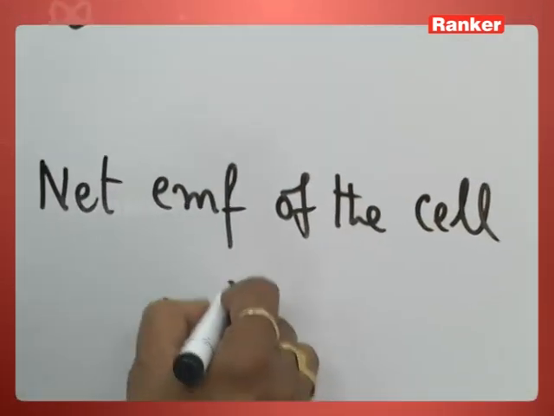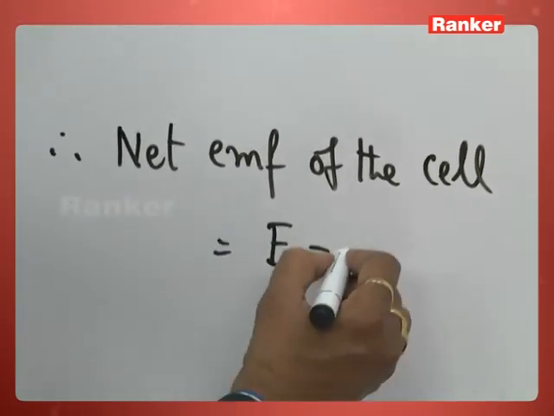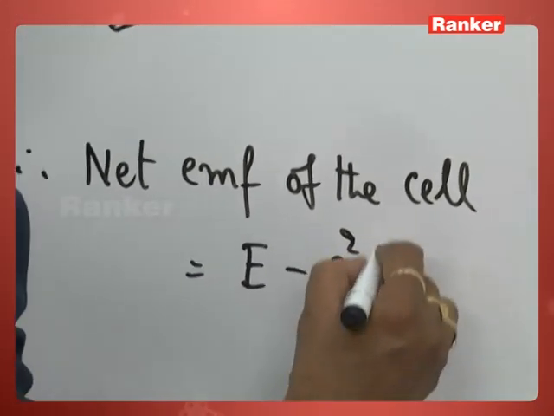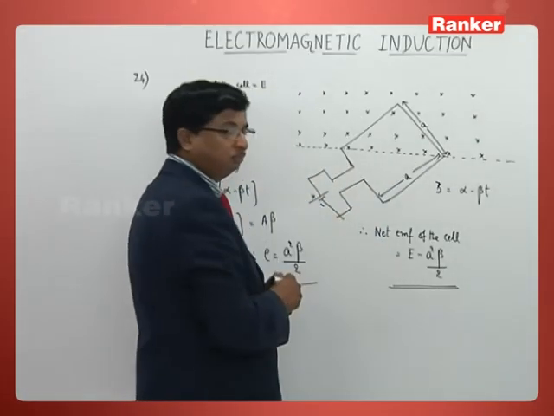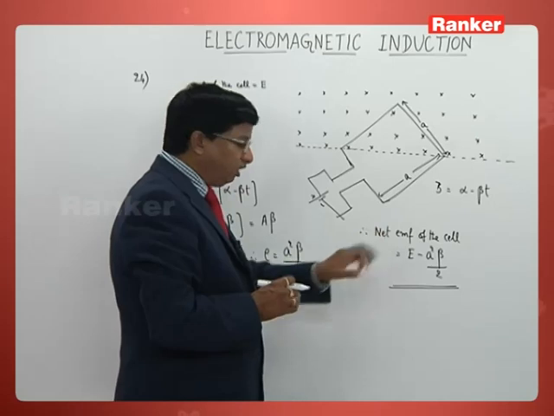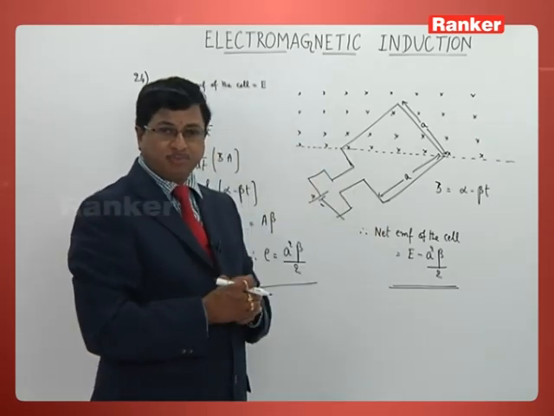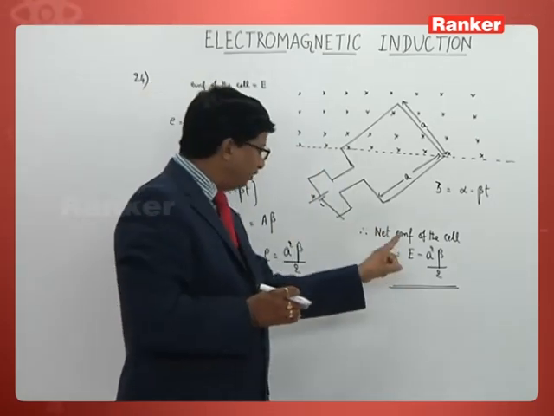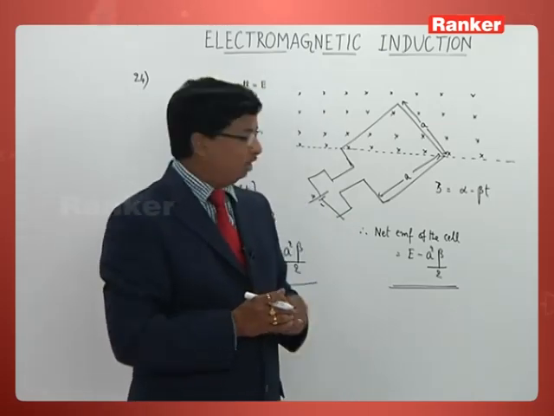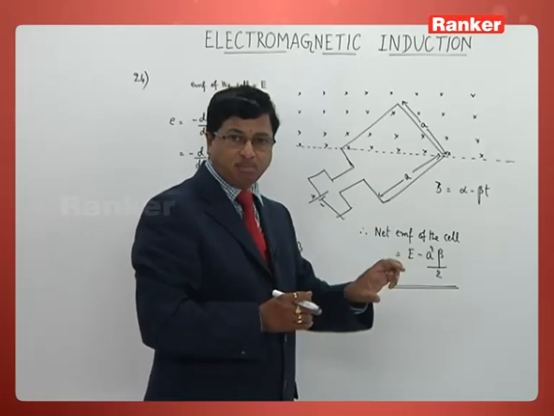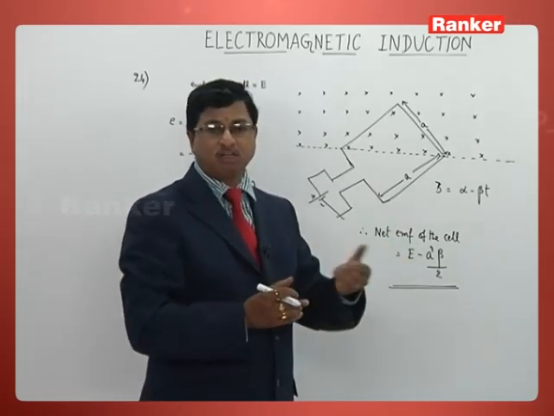That now becomes the earlier EMF minus A square beta by 2. Look at the options there. The fourth option is exactly the same. It is E minus A square beta by 2. That is going to be the net EMF across the cell. That's what he is asking you.